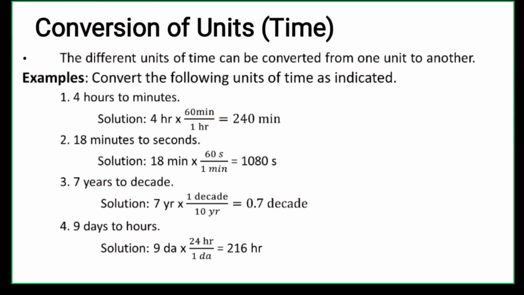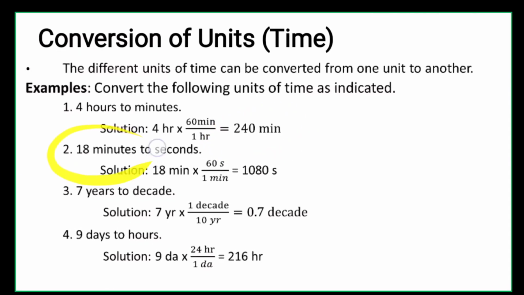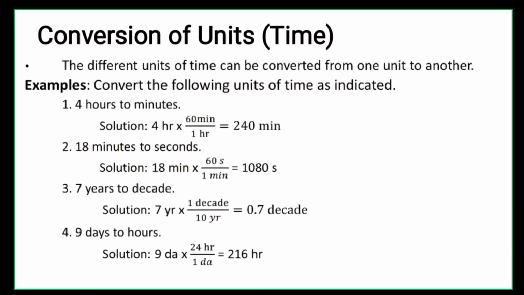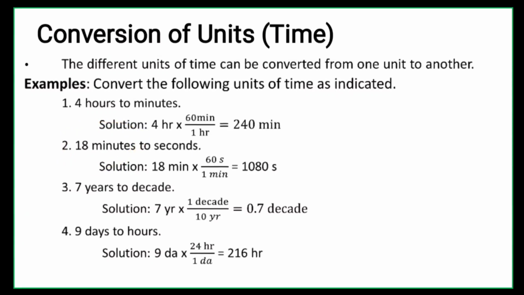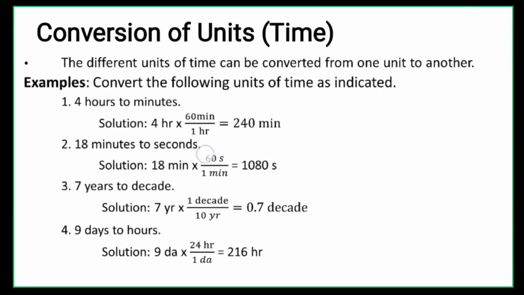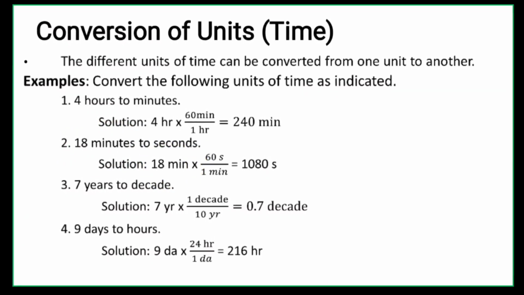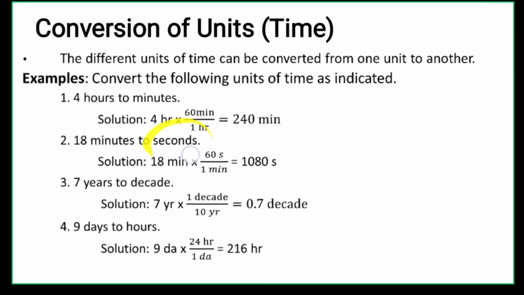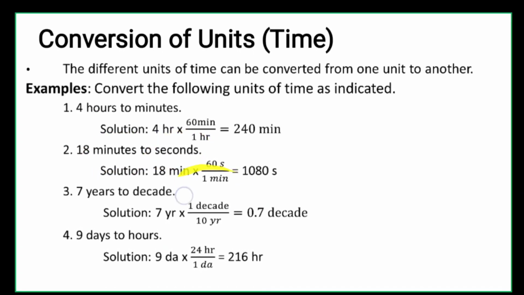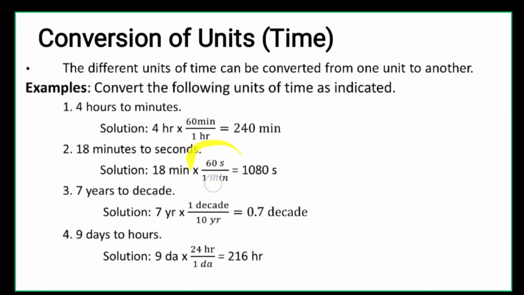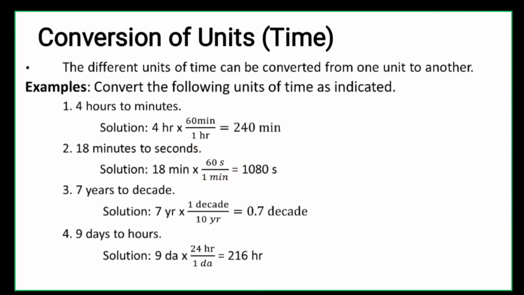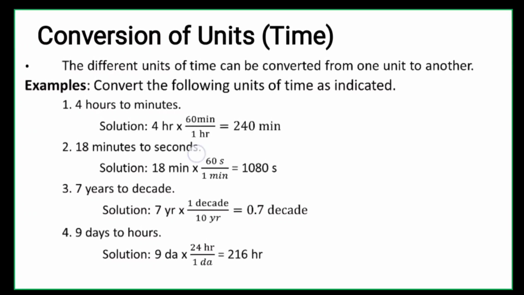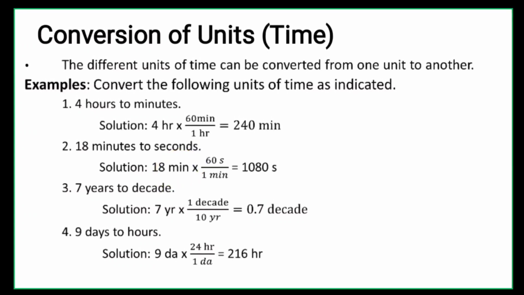Therefore, 4 hours is equal to 240 minutes. Number 2, 18 minutes to seconds. So our solution: copy the given 18 minutes, then multiply that by a fraction. That is minutes to seconds, and 1 minute is equal to 60 seconds. So our 1 minute is on the denominator since the given is minutes.